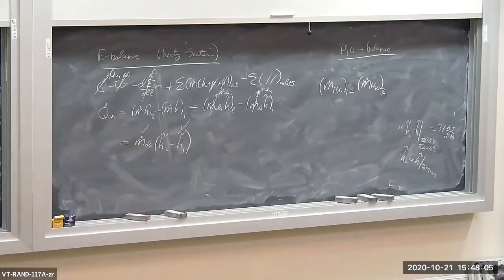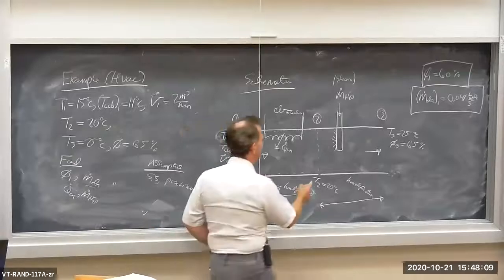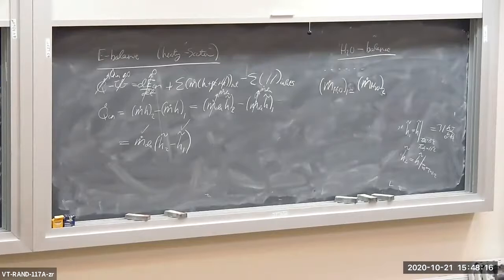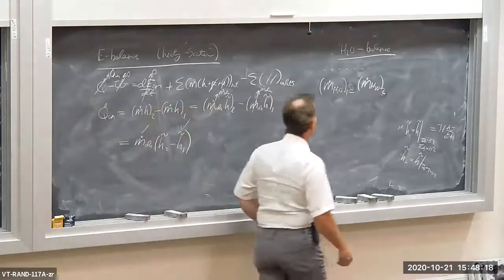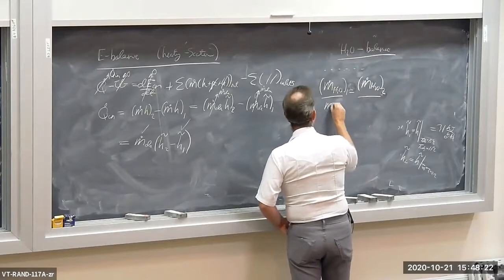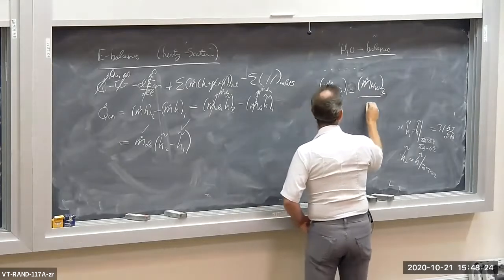That comes in the humidifier. The humidifier, the second section, is where we're injecting H2O, okay? Now let me divide our m dots there by m dot dry air. M dot dry air is the same at the inlet and the outlet. So let's just divide this by m dot dry air.